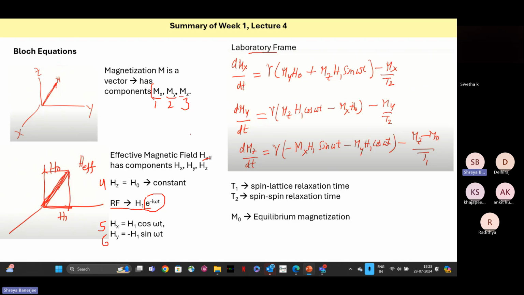The direction of x, y, and z does not change whether your system is rotating or not rotating. So it's called the laboratory frame. There are some other variables that we have already discussed in these equations, like gamma, the gyromagnetic ratio, T2, that is spin-spin relaxation, and T1, that is spin lattice relaxation. But this is not that much of use to us because it is talking about the laboratory frame.